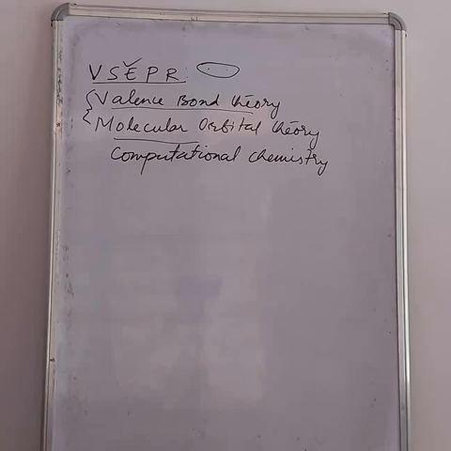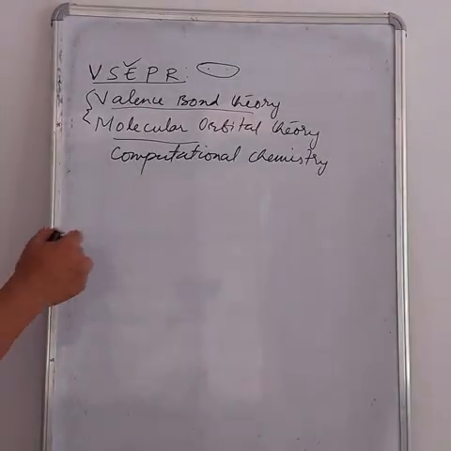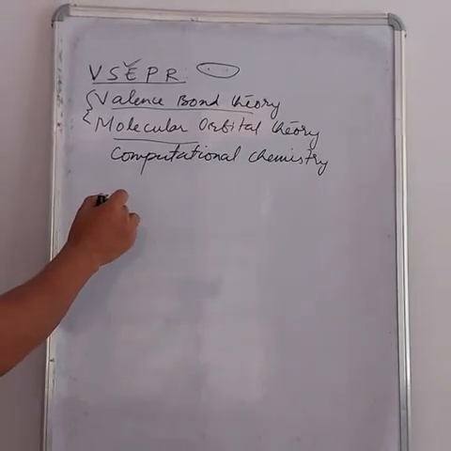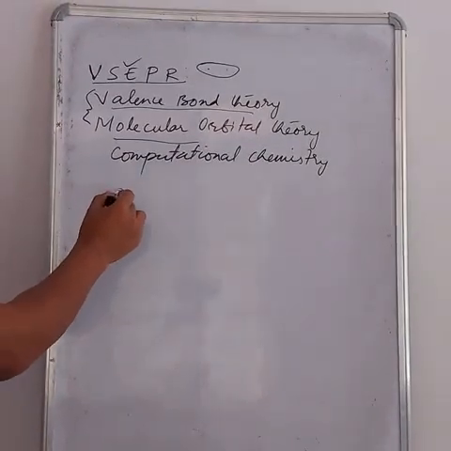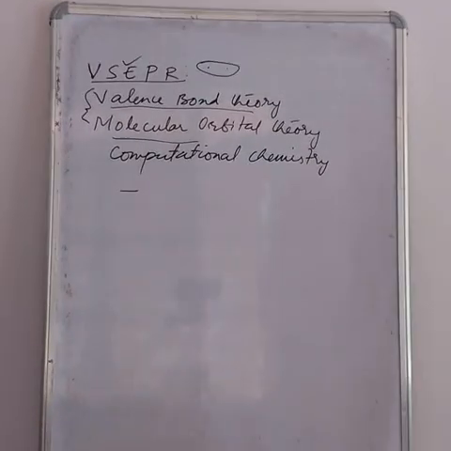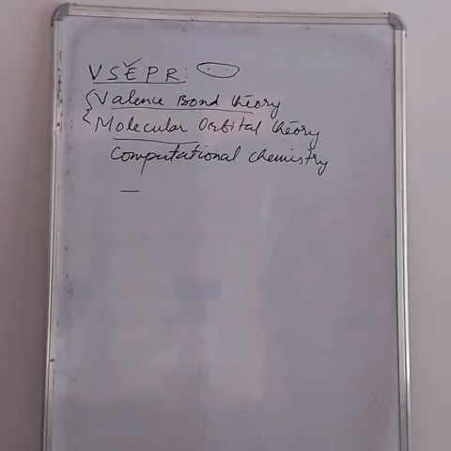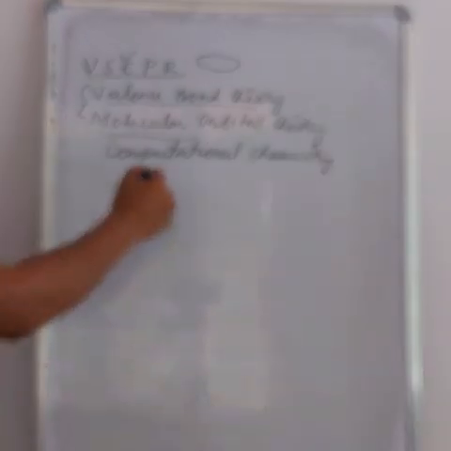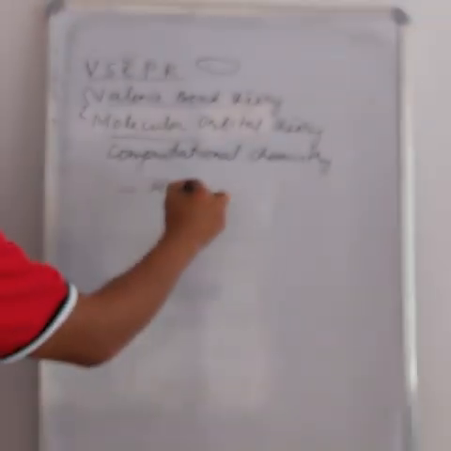But in valence bond theory, we shall see that sometimes there will be the transfer of electrons from one orbital to the other, and then mixing up of orbitals, simply called hybridization.